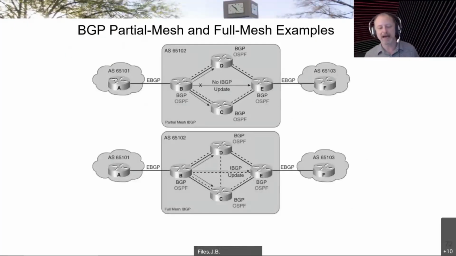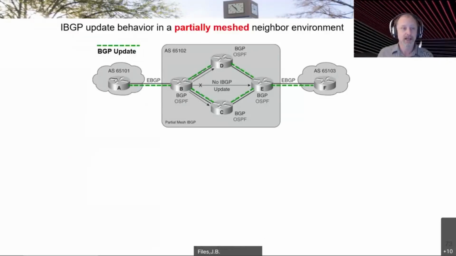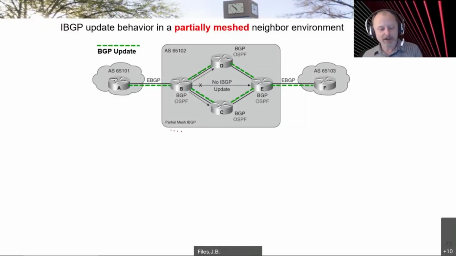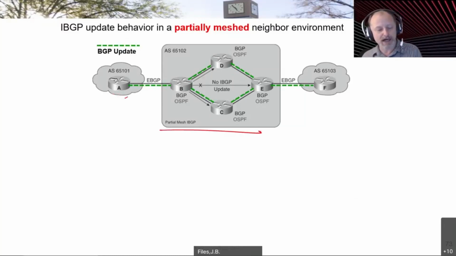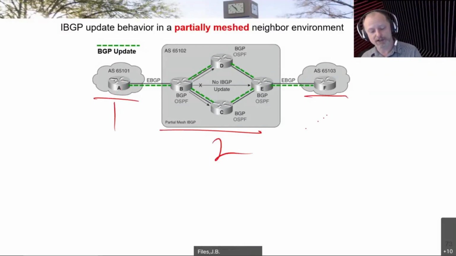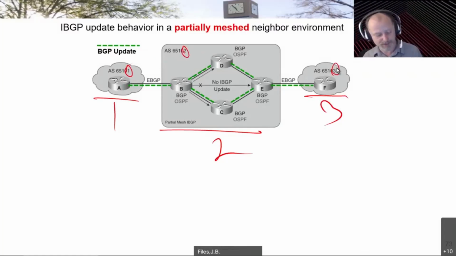Let's see what happens if we have a partially meshed situation. We have our autonomous system here. We've got AS 65101, 65103. So this is essentially 1, 2, and 3, right, at the end of the autonomous system number.